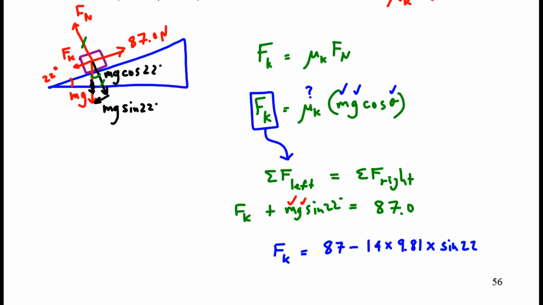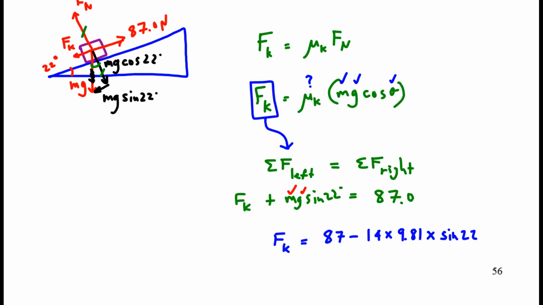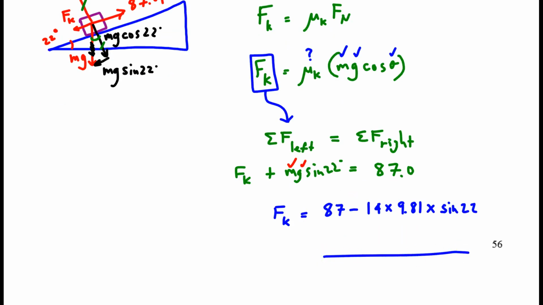And then I'm going to take this expression for Fk, and I'm going to set it equal to mu times the normal force, which again we said above was m, 14, g cos theta. And again, theta is 22.